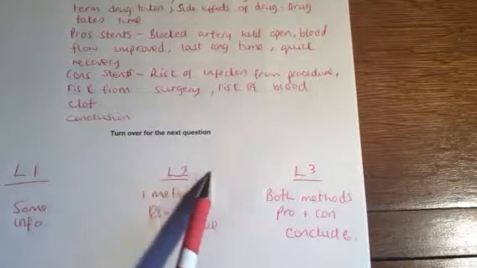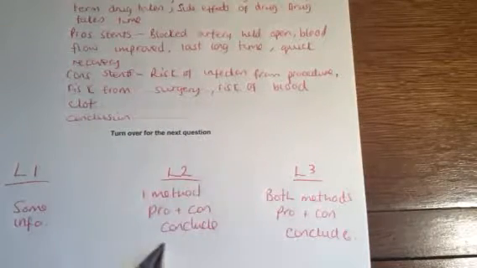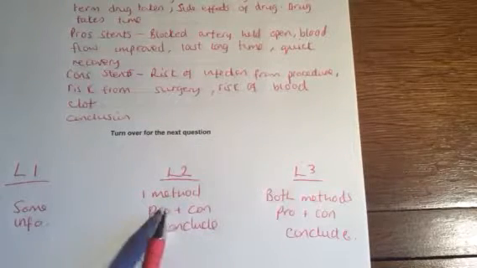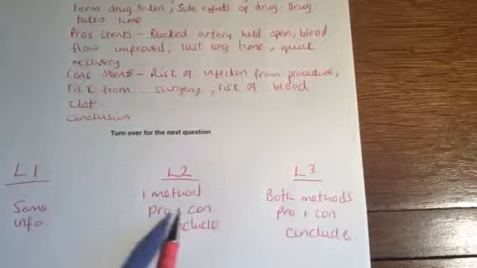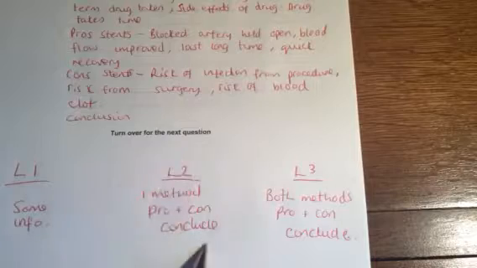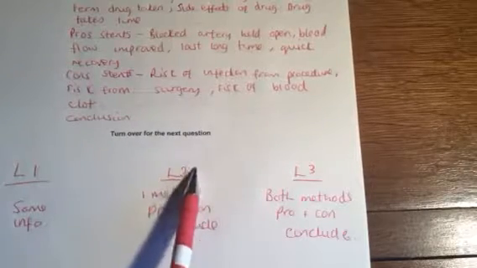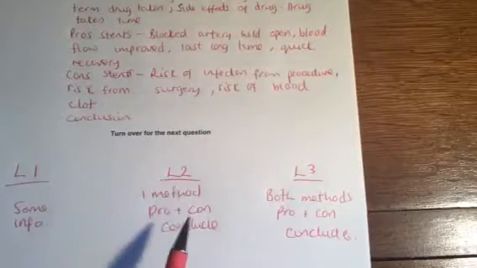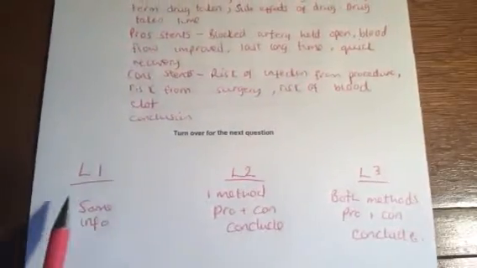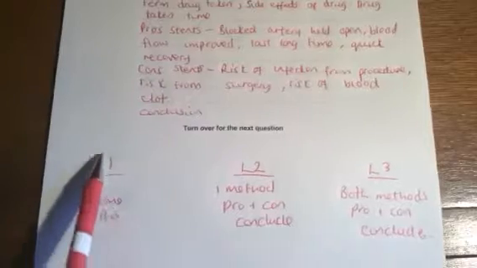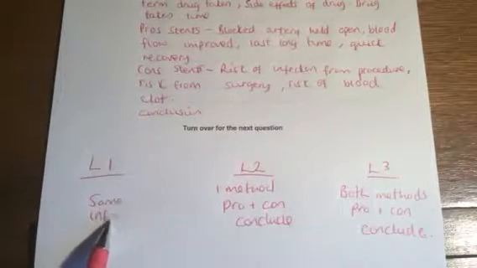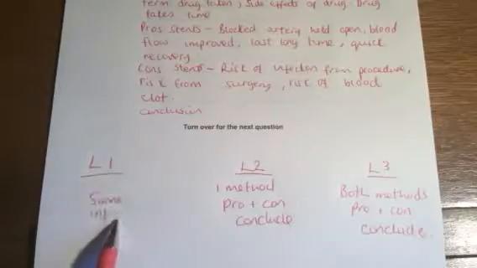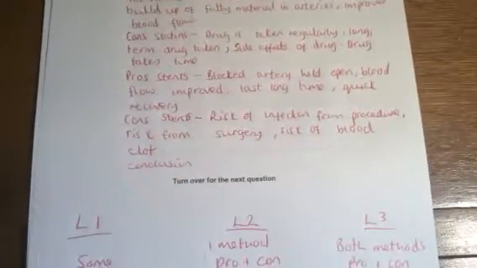If you'd just taken on one method, for example just stents, evaluated pros and cons, advantages, disadvantages, and concluded, you could still get into that middle bracket, which is about 4 marks out of 6. And I would imagine that most people would do that. To get into level 1, perhaps you had some info as to why statins or stents were good, but not really of any value, so that would be 1 or 2 marks.